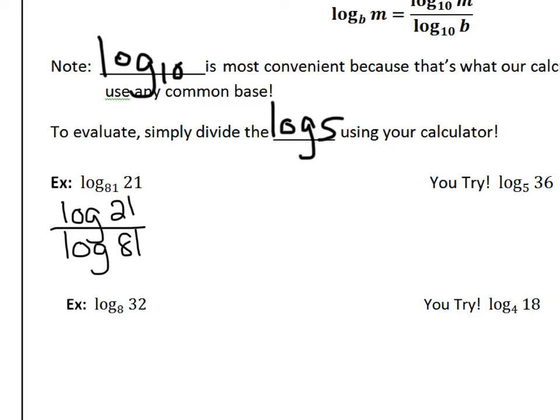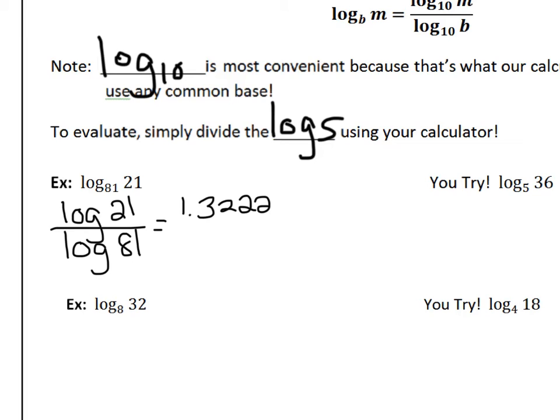So in your calculator, remember it could work one of two ways. You might put in the log button and then hit 21, or you might have to hit 21 and then the log button. To know which way to do it, log of 21 is approximately 1.3 and then 3/2.